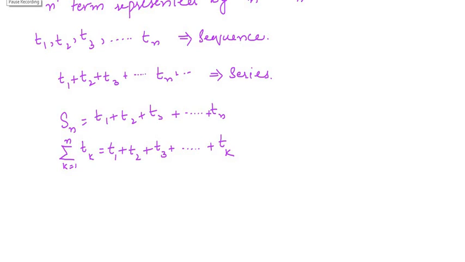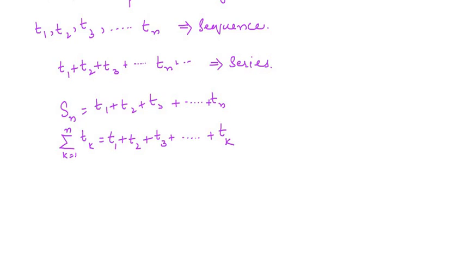So there are three important types of sequences or progressions we learn in this chapter: arithmetic, geometric and harmonic. First we discuss the arithmetic sequence or series. In an arithmetic progression, we have a common difference in the terms of the sequence.